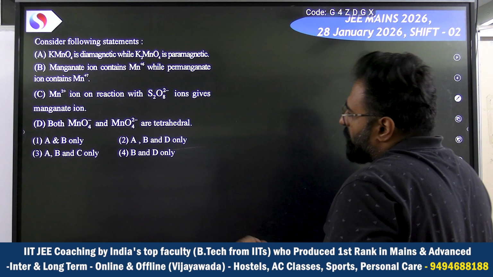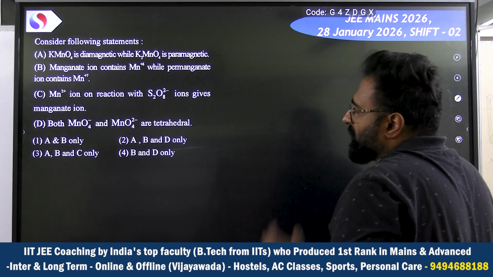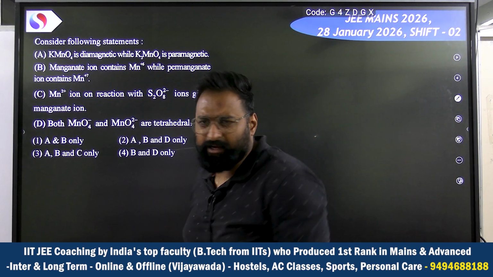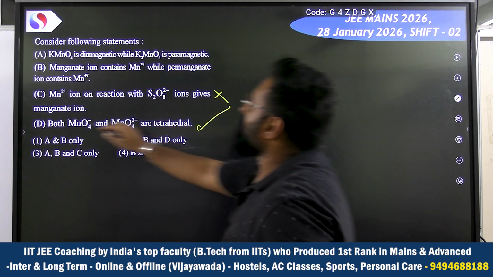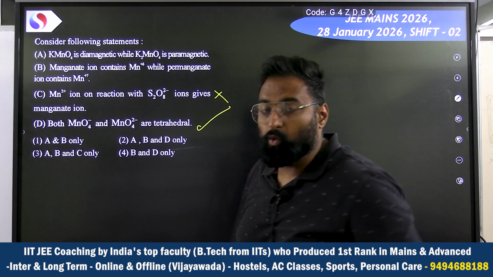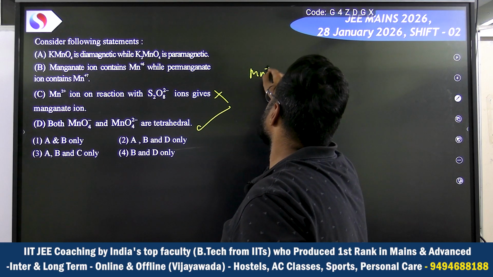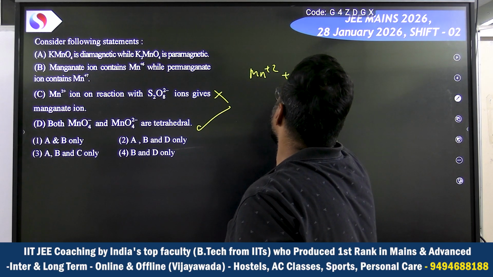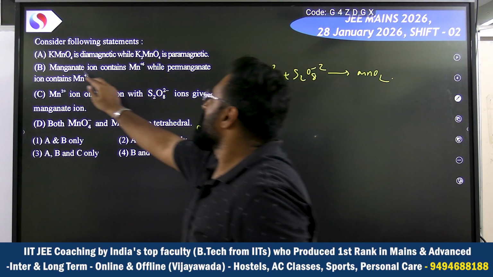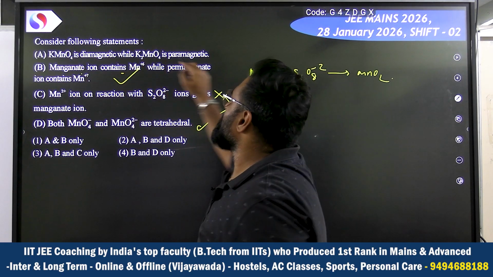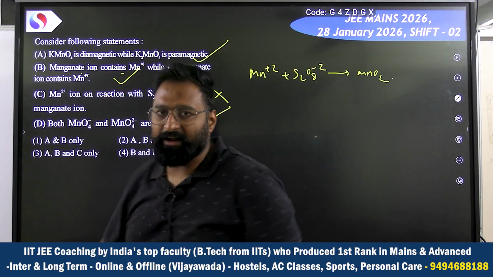Okay, both MnO4 minus and MnO4 minus 2 are tetrahedral. So option D is correct, yes, they are tetrahedral. Option C is incorrect because they will not give permanganate ion, they will give MnO2. The reaction Mn plus 2 plus S2O8 minus 2 gives MnO2. So this is incorrect. Manganate ion contains, this is correct, and KMnO4 diamagnetic, paramagnetic, this is correct.